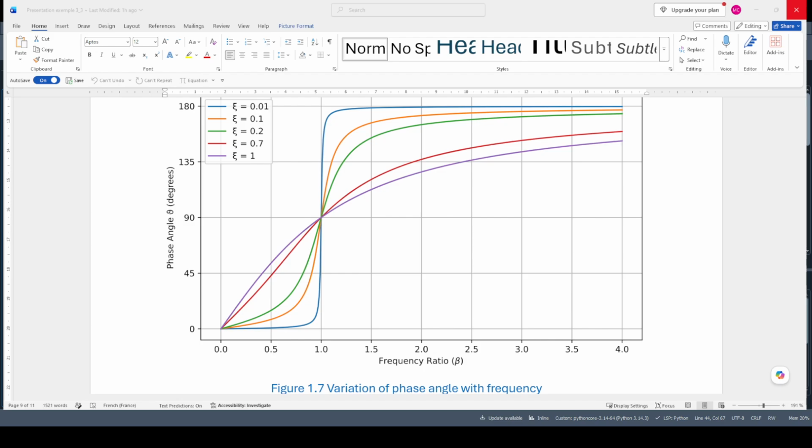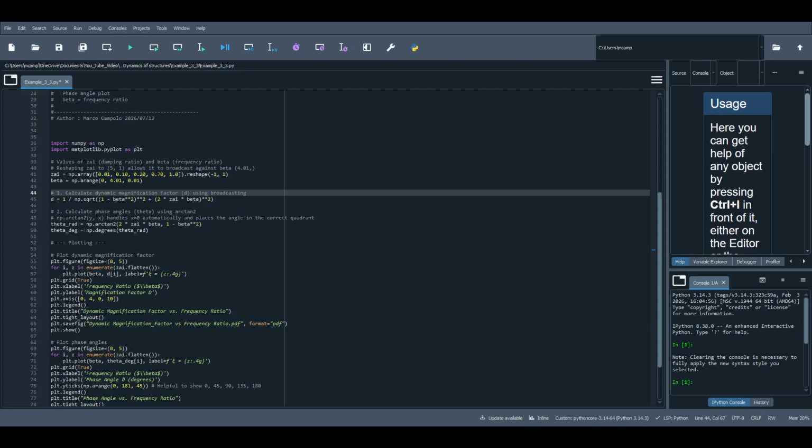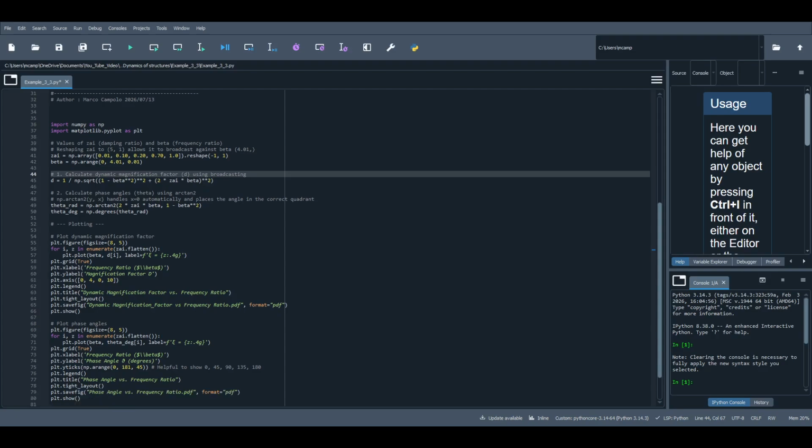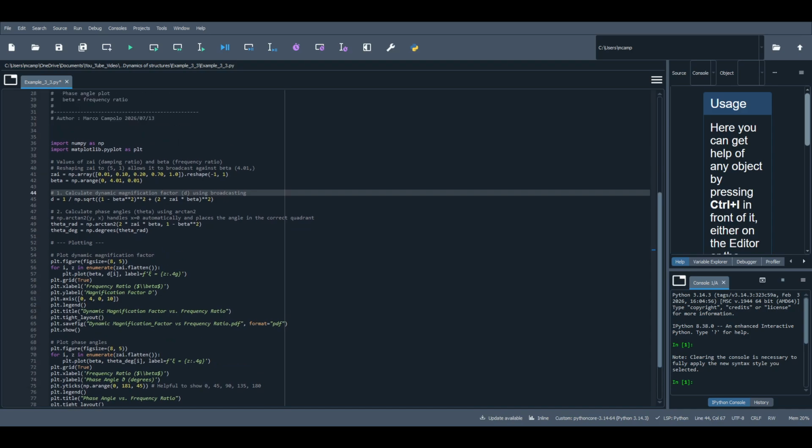So it's a simple code where we write the equation we can plot, and we put the psi in an array where you plot the different values, and the value of beta changes between 0 and 4.